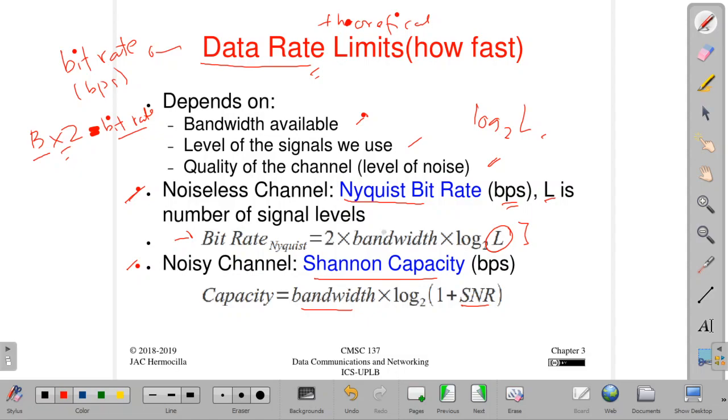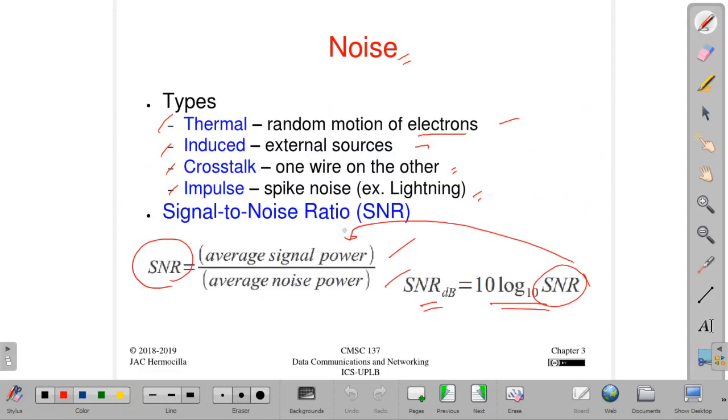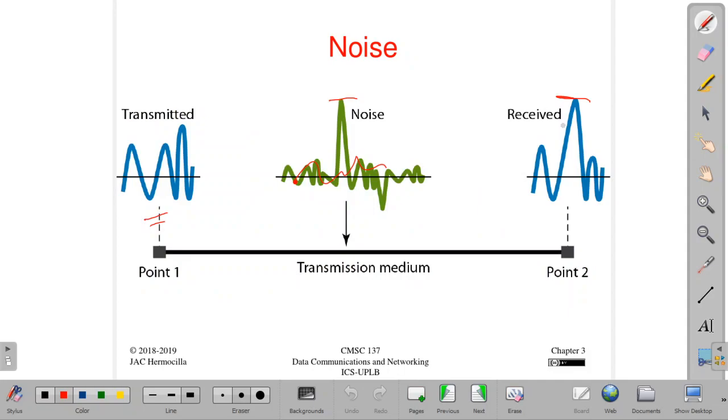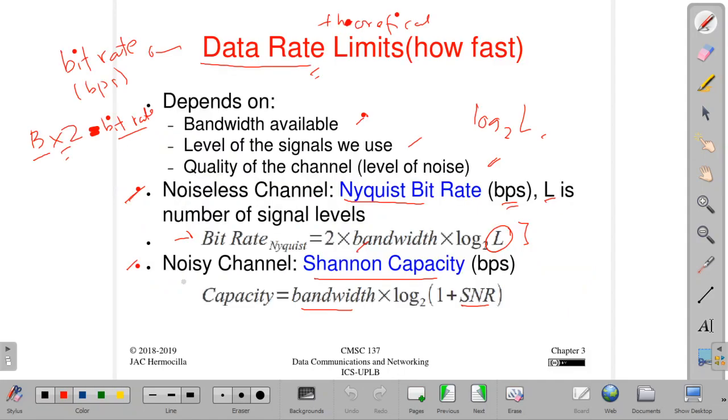It's just the bandwidth, which is the same as the Nyquist, and the signal to noise ratio, which we defined here, the average signal power divided by the noise power, because we are considering a noisy channel.